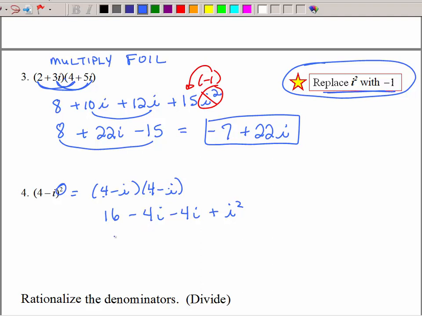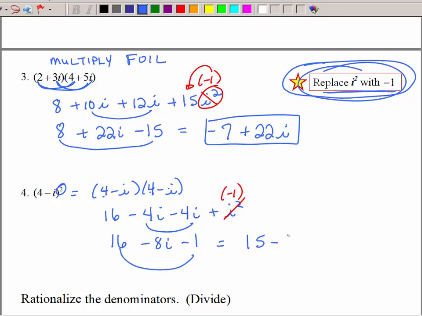All right, so we're going to collect like terms, those together. That's how I got the negative 8i, and then I'm going to replace i squared with negative 1. So now I have just negative 1. Collect like terms, and you're done. So adding, subtracting, and multiplying, very easy. Multiplying, you got to replace any i squares with negative 1.